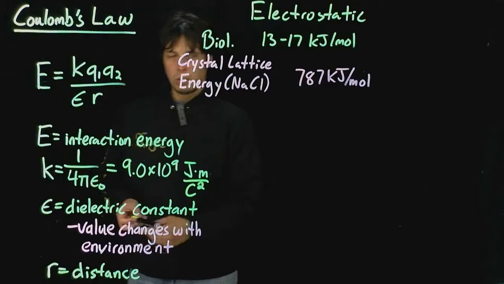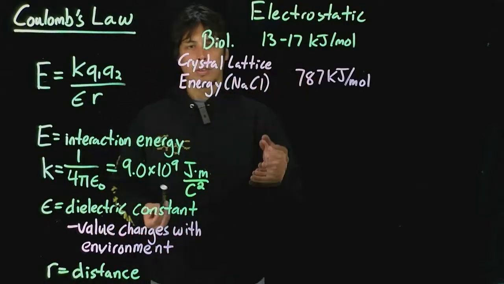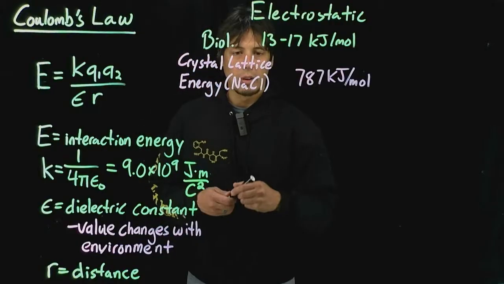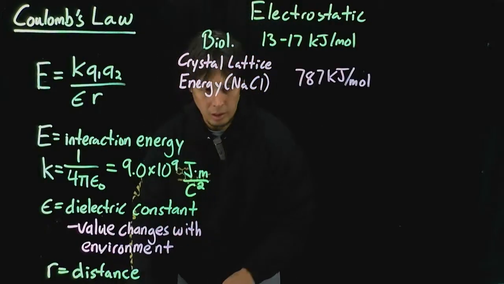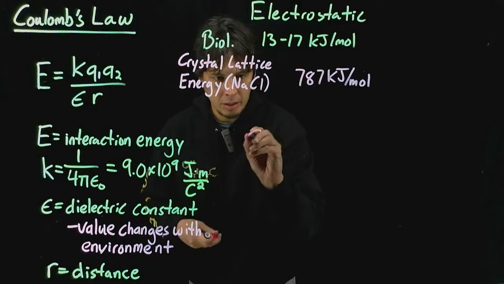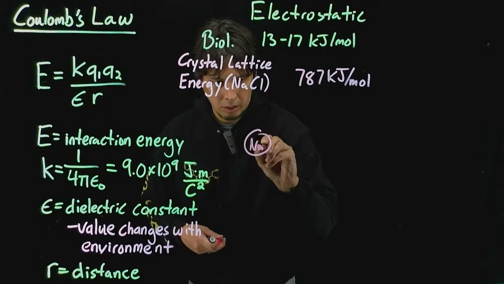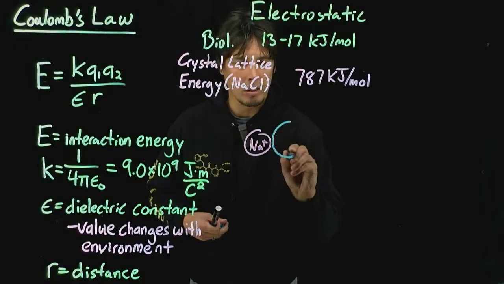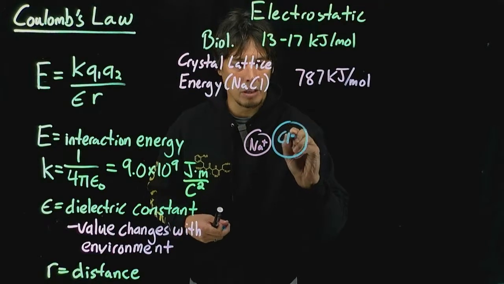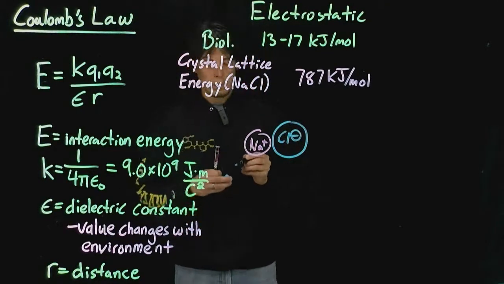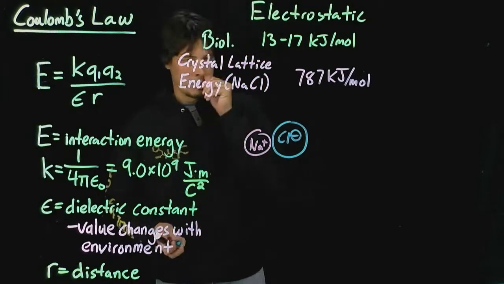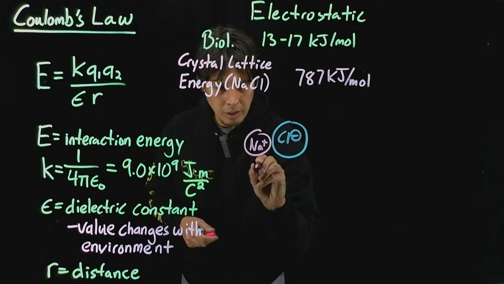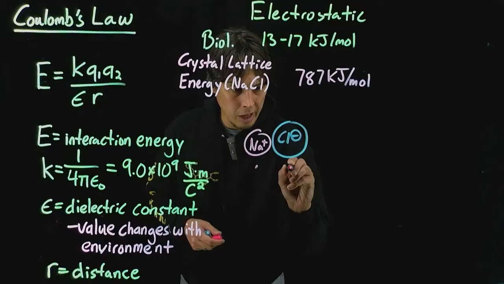All right? So let's do a sample calculation that looks at the crystal lattice energy, for instance. Let's say we have a sodium cation and a chloride anion in a crystal lattice. I'm not going to draw the whole crystal lattice, but we know we have these interactions between the two, all right? So our R is going to be between the centers of mass of these two.